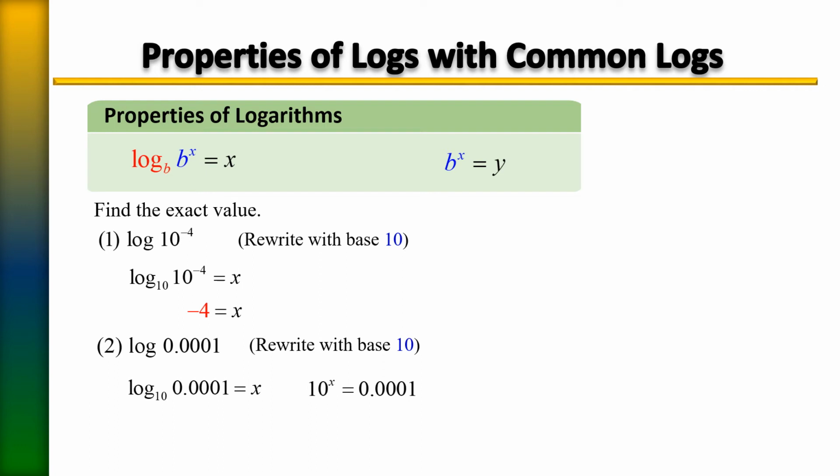That's scientific notation form. What would you need to move the decimal place over 4 places to get that number back to a value? So that would be the same as just x equals -4, because 10 raised to the -4 equals that decimal value.